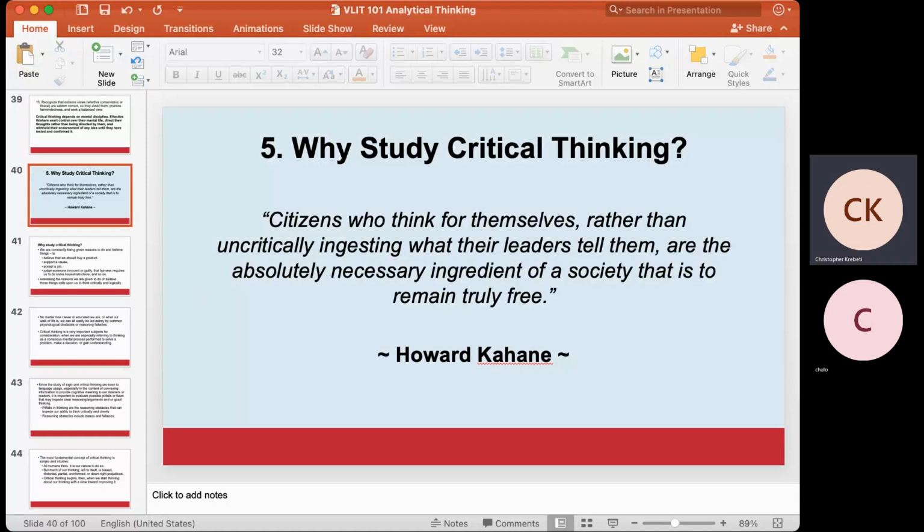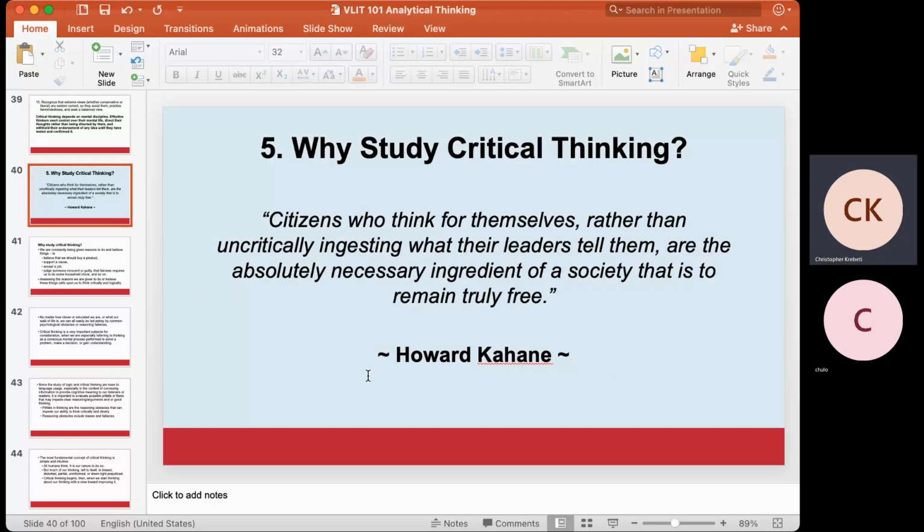Why do we need to study critical thinking? So I give you a famous quote from Howard Kahane. Citizens who think for themselves, rather than uncritically ingesting what their leaders tell them, are the absolutely necessary ingredients of a society that is to remain truly free.